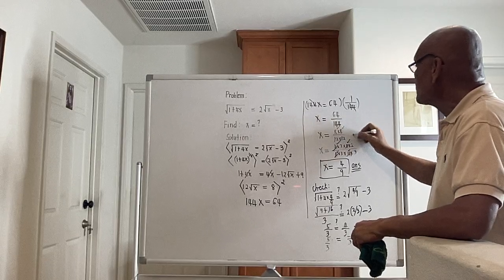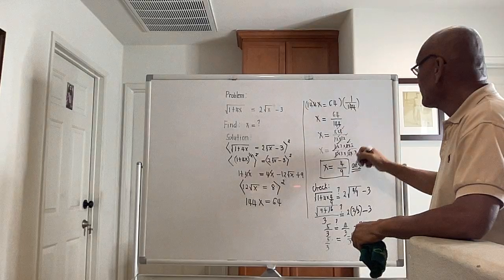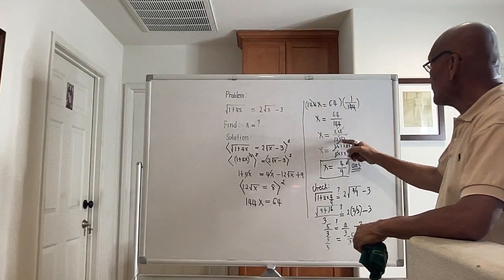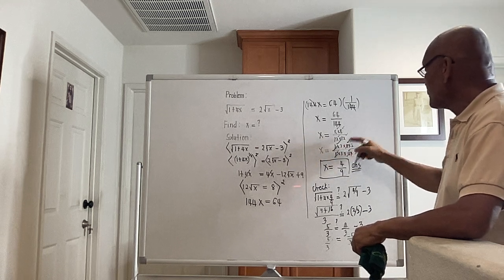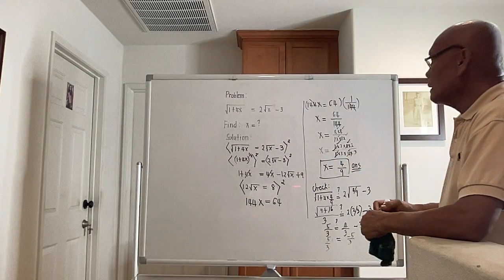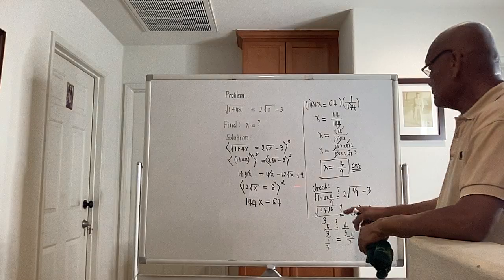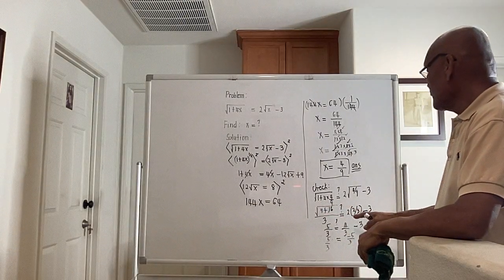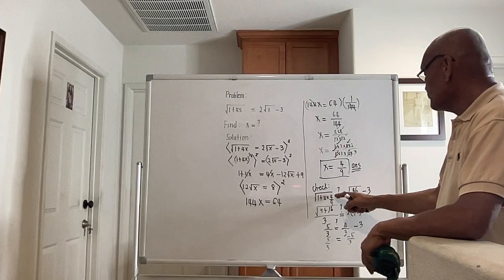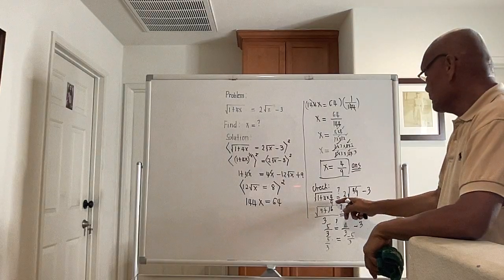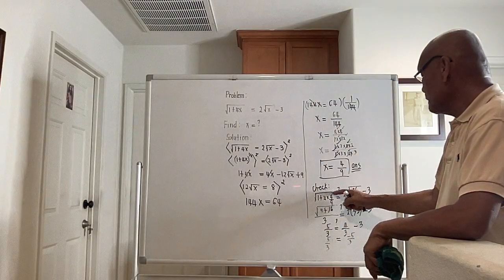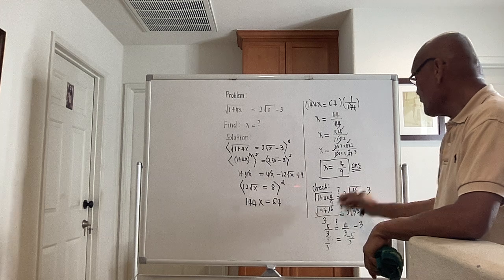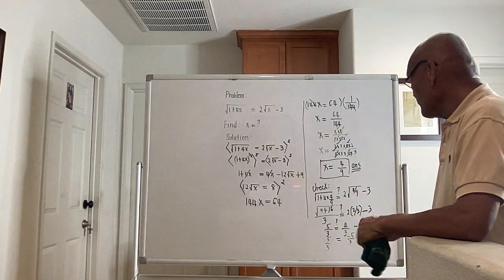This is 8 times 8, 12 times 12, or in terms of 4, that will be 4 times 2, 4 times 2, 4 times 3, 4 times 3. 4 times 2 times 2 will be 4, 3 times 3 will be 9. And if we try to check it, 1 plus 4x. What will come out? 9 times 1 will be 9. This is 16. This is over the square root of 9. We bring it out.